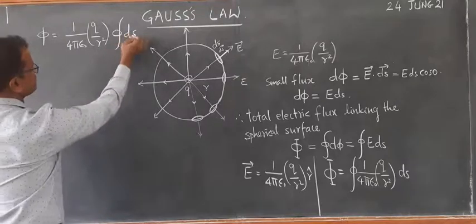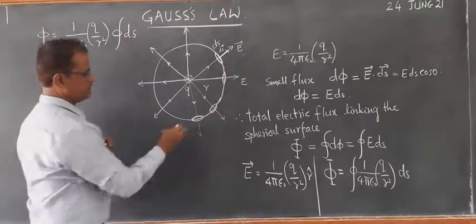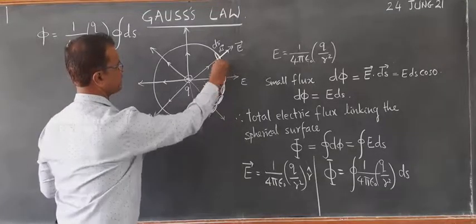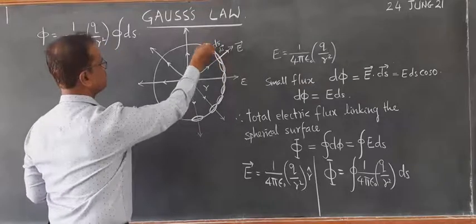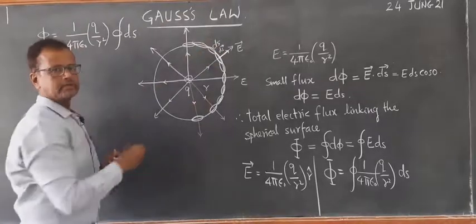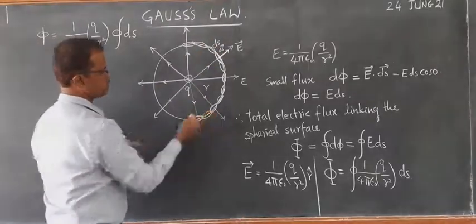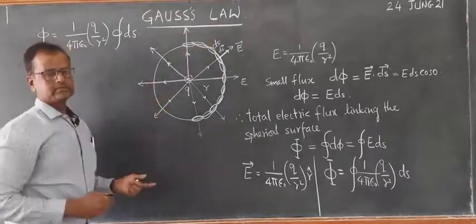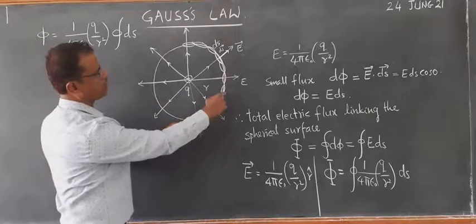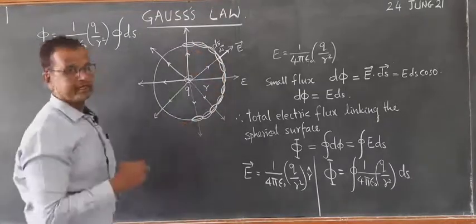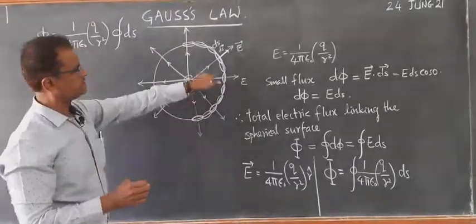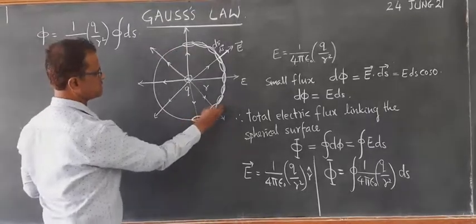Now, surface integral of ds, what does it mean? It is the addition of all such small elements of area ds from one end to another end, coming back to the same point. That gives you the total surface area of the sphere, the summation of all small area elements. Instead of summation, the exact value is the integral: ds plus ds plus ds plus ds.